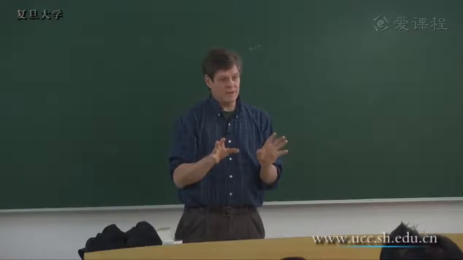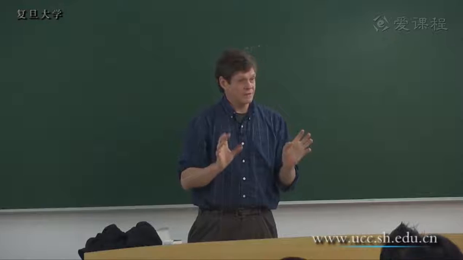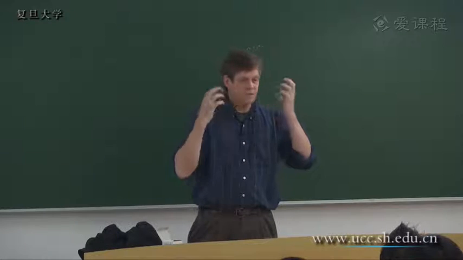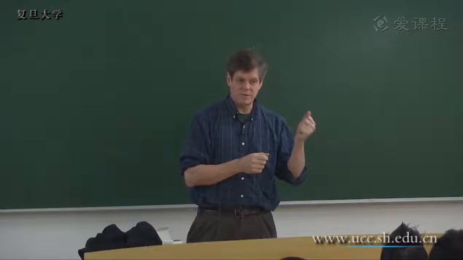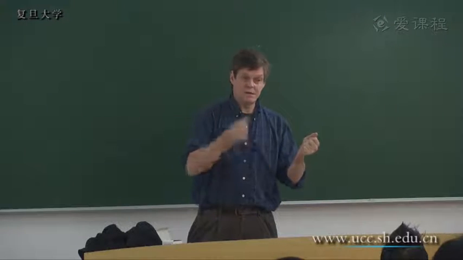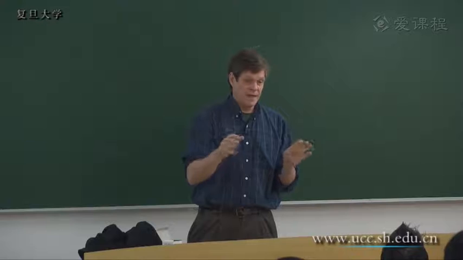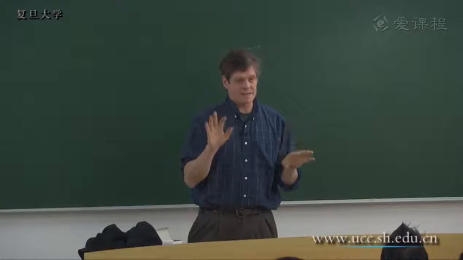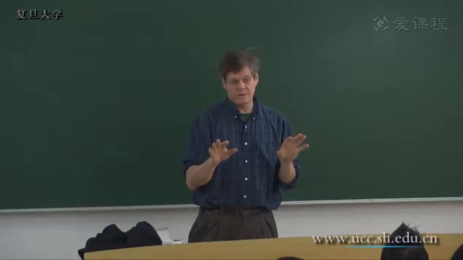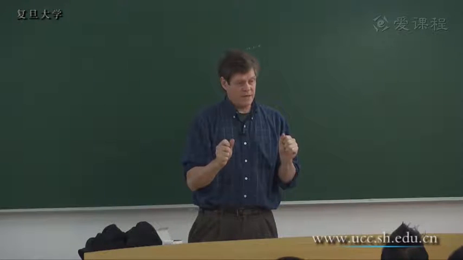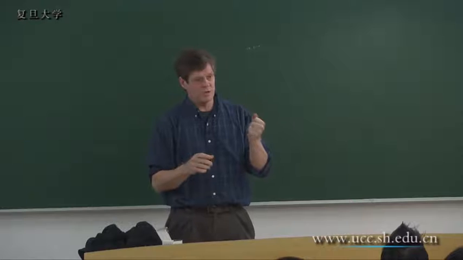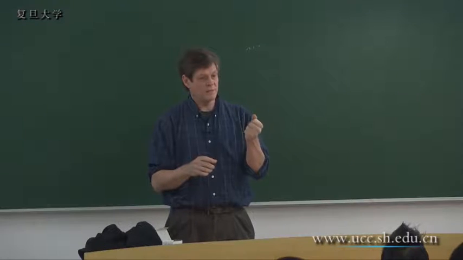So as I explained last week, women are mosaics. It's a mosaic of different patches of tissue where in some cases it's the paternal X chromosome that's inactivated. In other cells it's the maternal. And this balance is not necessarily 50-50. Suppose the paternal X chromosome is the one that carries the mutation.